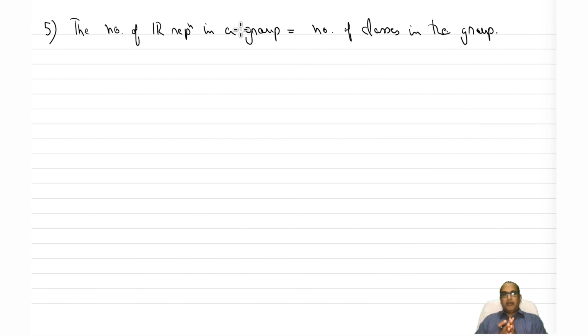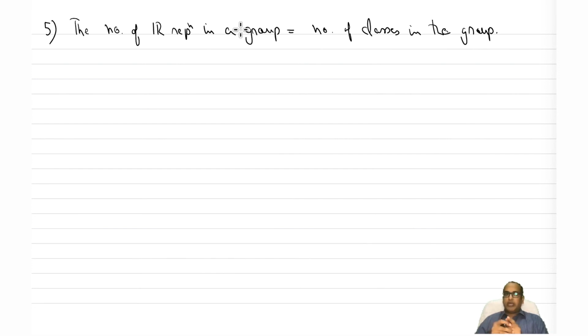So now we should be well aware of what each property is saying, what the meaning of each property is. So please go through it nicely, and then in the next class we will be dealing with some examples of how to use these properties to write the character table, or in other words, write all the irreducible representations of a particular point group, without actually worrying about what the basis set is, what the symmetry operations are, what the effect of symmetry operations is.